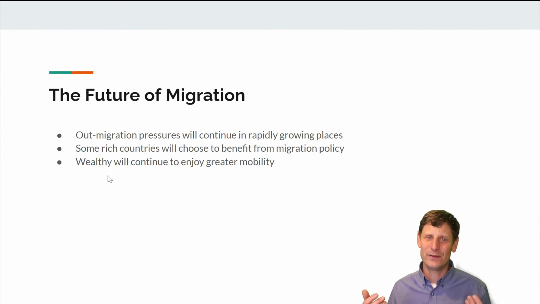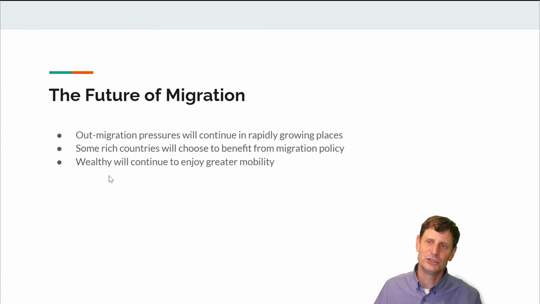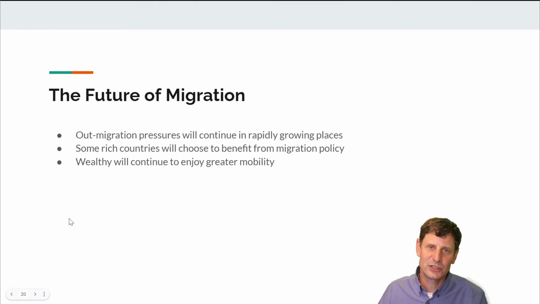But then the wealthy, the truly wealthy, can decide to move around the world as they like. And especially with the changing face of work with the pandemic, we may see more of this. We may see people choosing to live and work remotely in a location that they prefer.